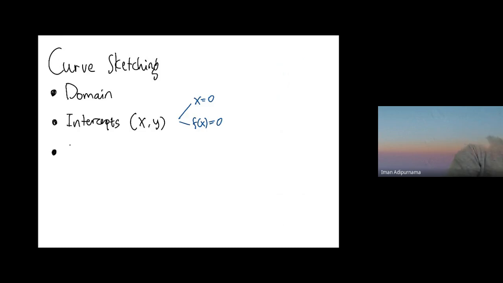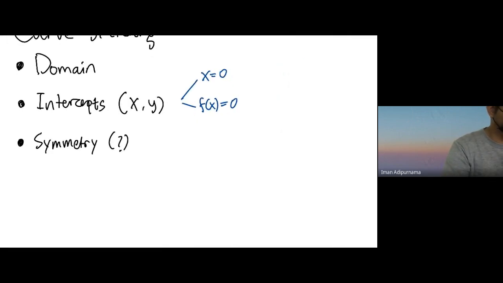Third is symmetry. You can also consider whether the function is symmetric or asymmetric. And how to check? One way, most of the time, is to check with minus x.